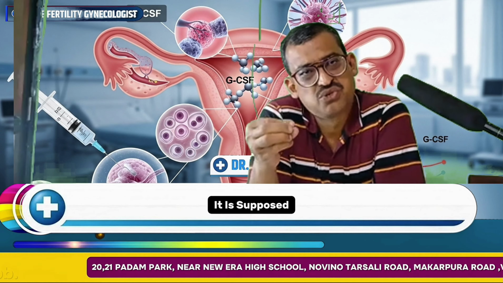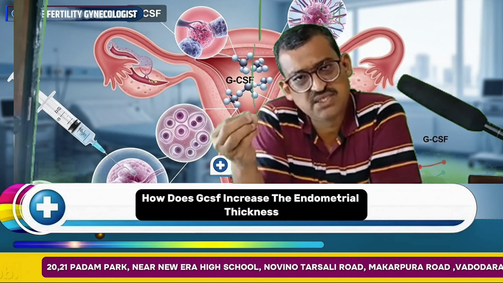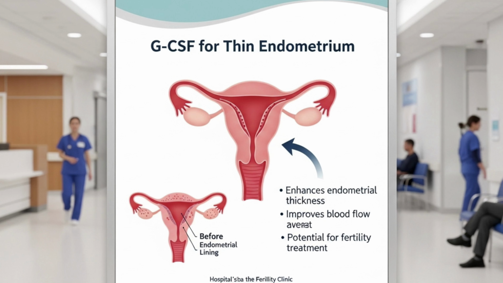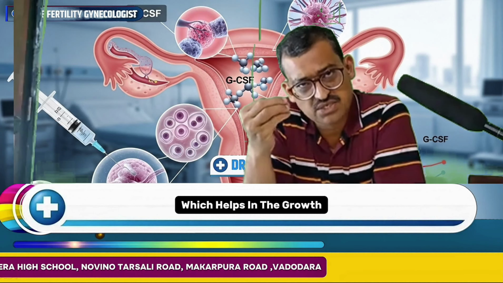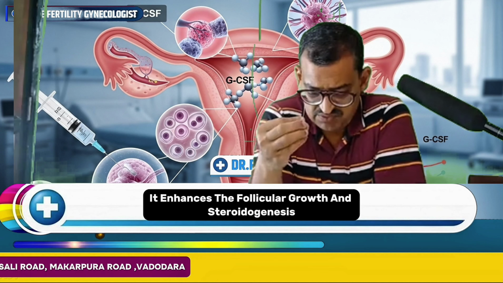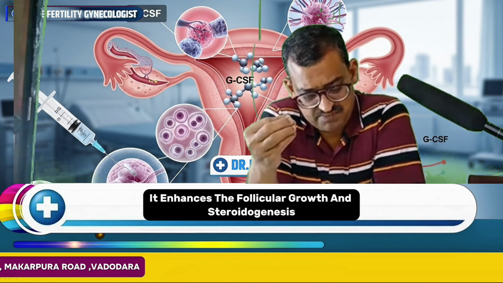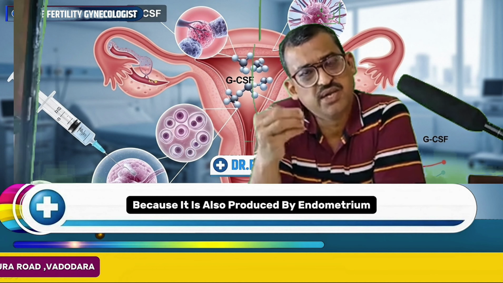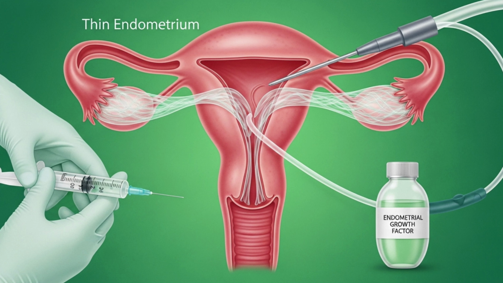How does G-CSF increase the endometrial thickness? It basically stimulates the endometrial stem cells. It also mobilizes the bone marrow stem cells, which helps in the growth and differentiation of the endometrium. Since it is produced by granulosa cells, it enhances follicular growth and steroidogenesis. Because it is also produced by the endometrium, it improves the luteal phase and thereby improves the decidualization.